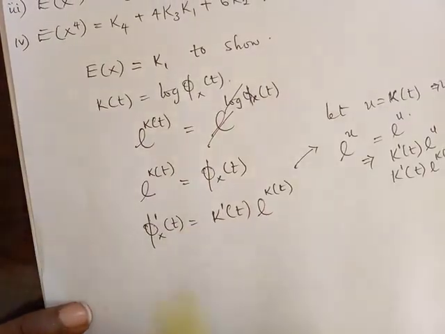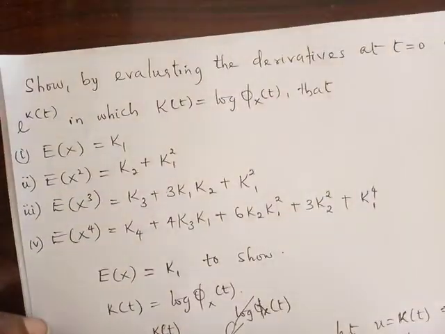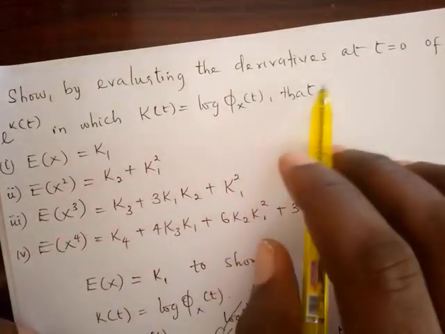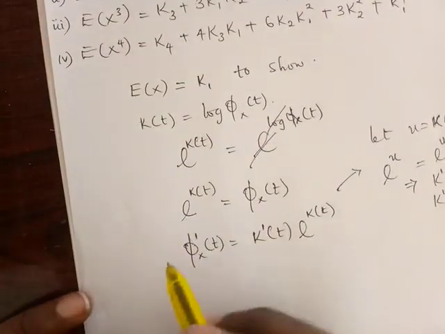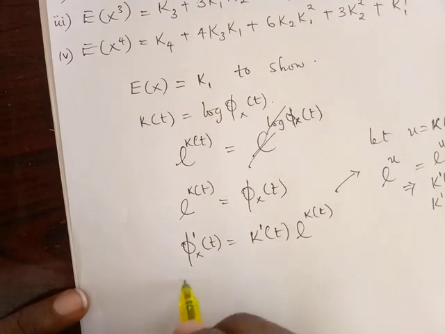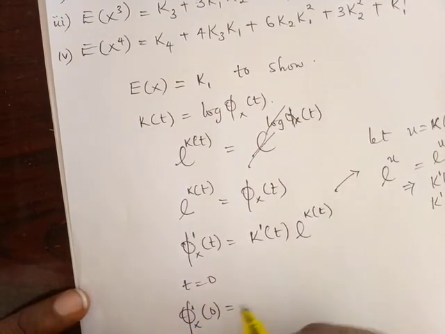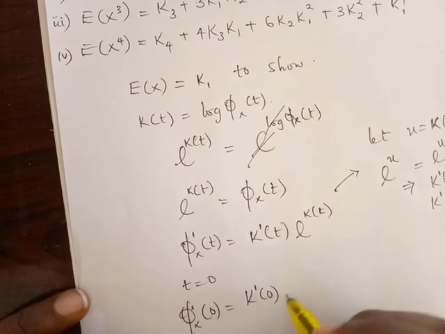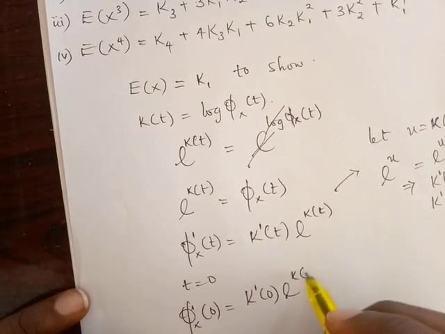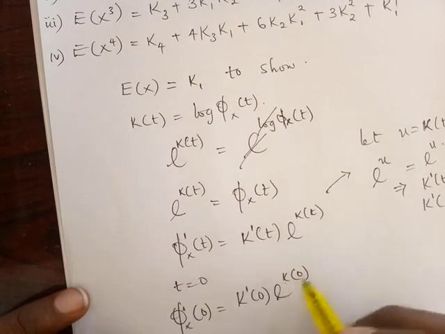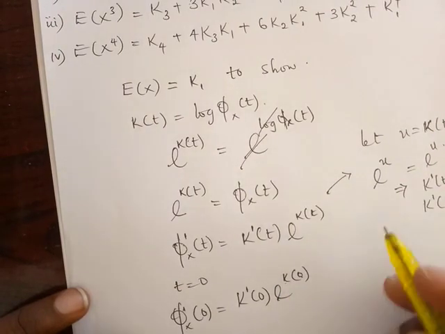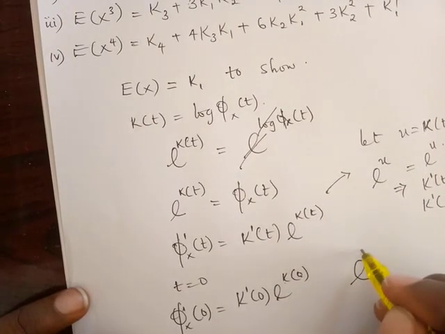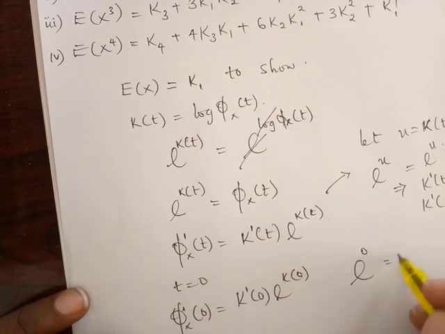All right, so now from what was asked, we say a derivative at t equals 0. Therefore, at t equals 0, we'll be having phi prime X of 0 is equal to K prime of 0, and exponential raised to the power of 0 times K of 0 is 0. Exponential raised to the power of 0 is equal to 1.